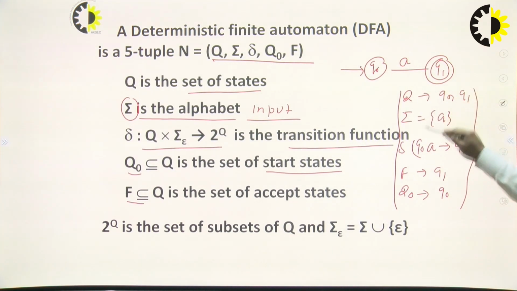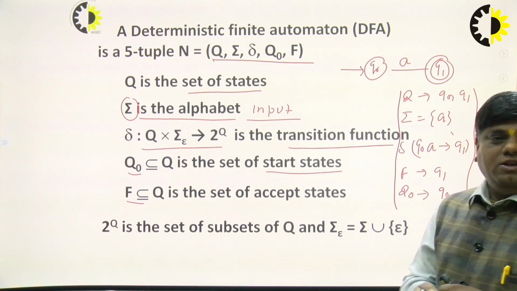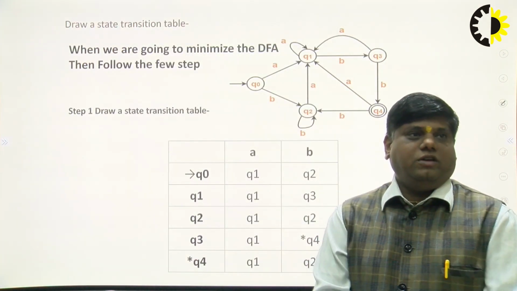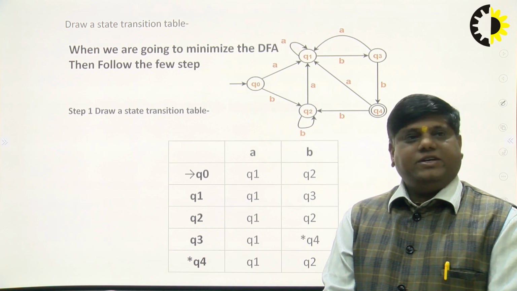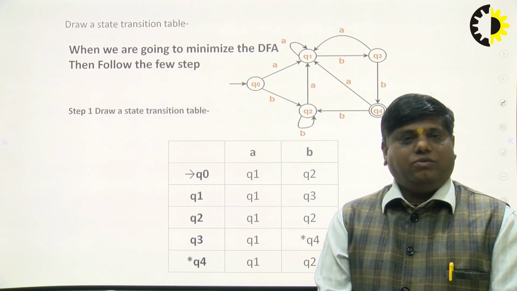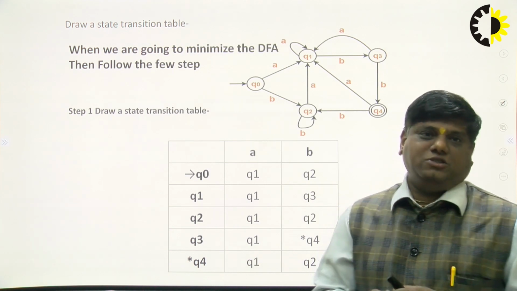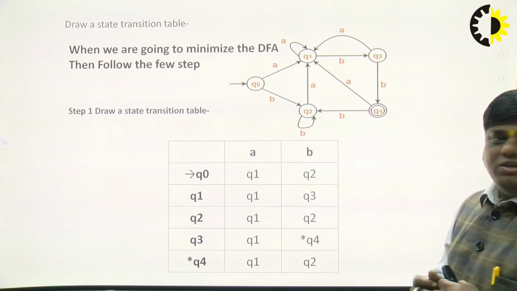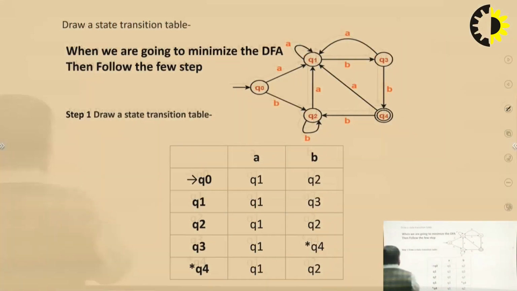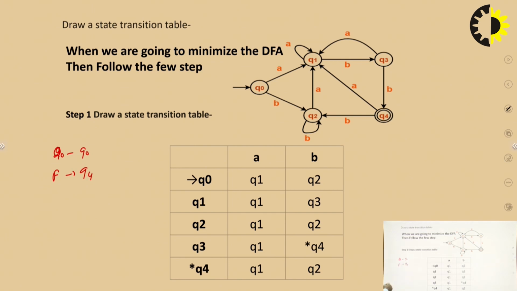For this automata, we explained the concept. Okay, now let's move to a better example of how to minimize any problem, the minimization of the finite automata. We consider this as the example. Now, for this example, Q0 is the initial state. What is the final state? Final state for this problem is Q4.